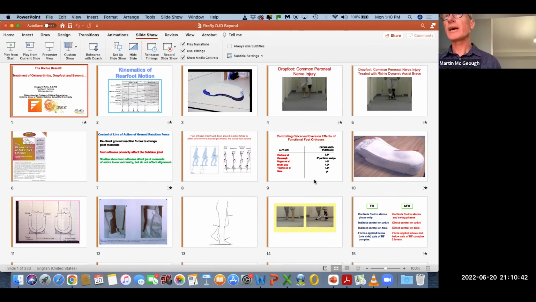I think part of that is the role of the podiatrist to educate the referral sources, because really most of them will not have heard of the Richie Brace AFO. So, good quality letter writing back to the referral sources starts to inform them about what we can do with the Richie Brace.